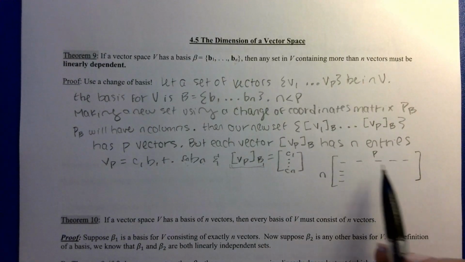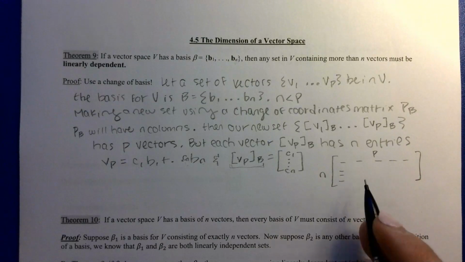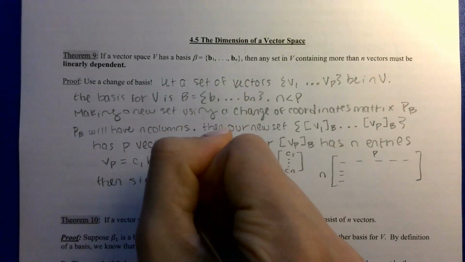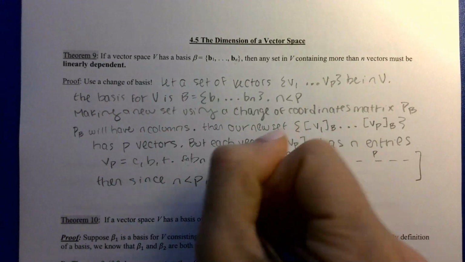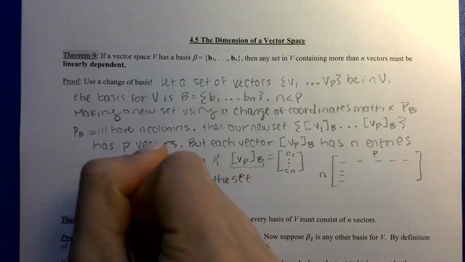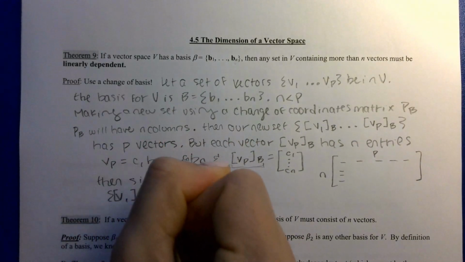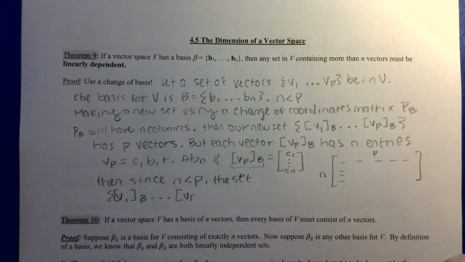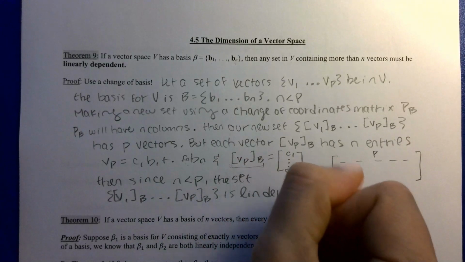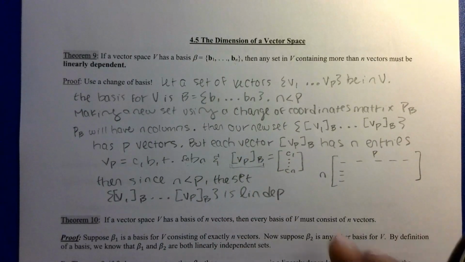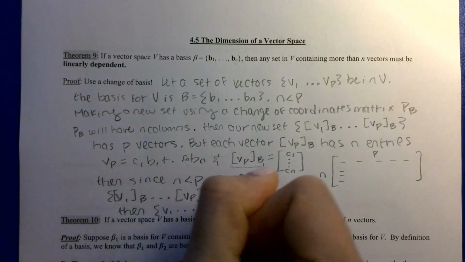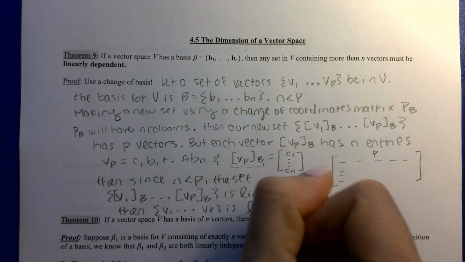As Richard likes to say, this would be longer than it is tall, which means, since we know that n is less than p, the set of vectors with respect to the basis B is linearly dependent. And since the new set we made is linearly dependent, then the set v1 through vp is linearly dependent.